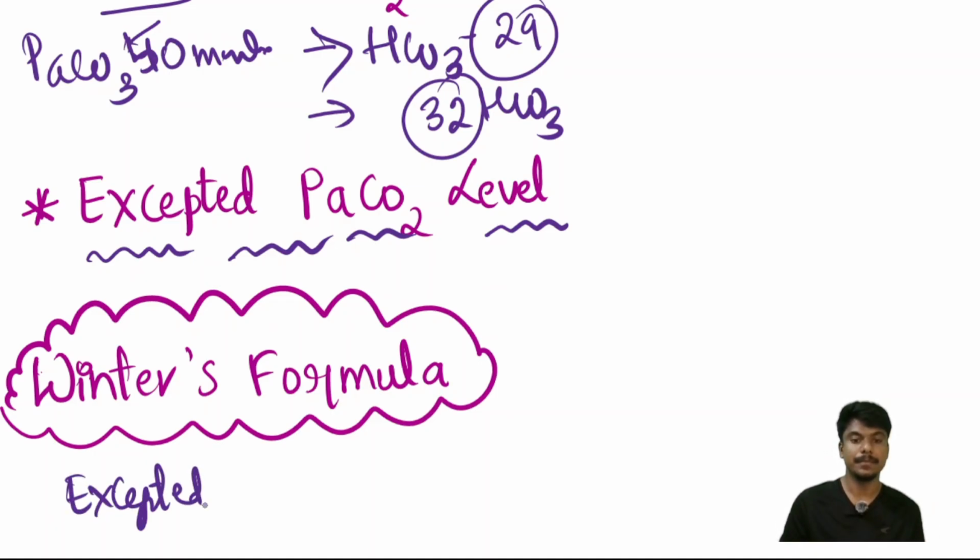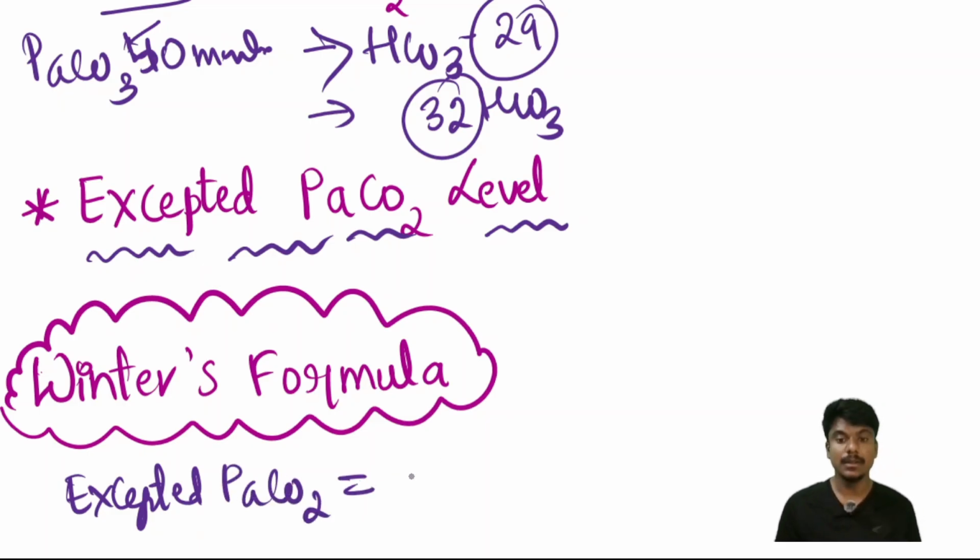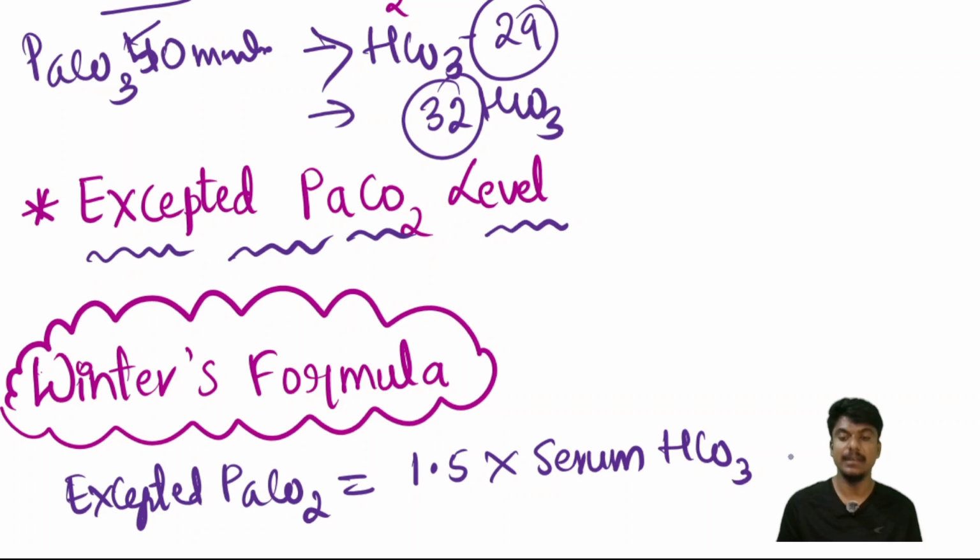Expected PaCO2 level is equal to 1.5 times the serum bicarbonate level, close the bracket, plus 8, plus or minus 2. That's your PaCO2 level.